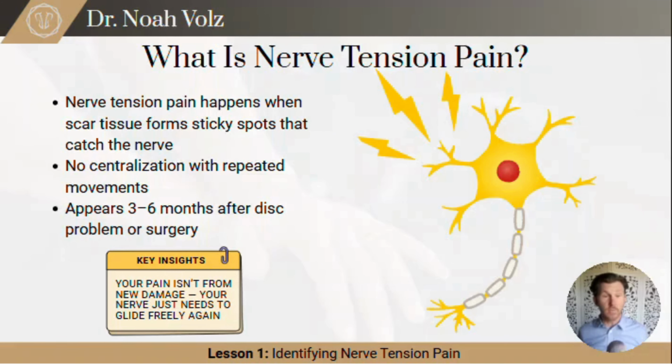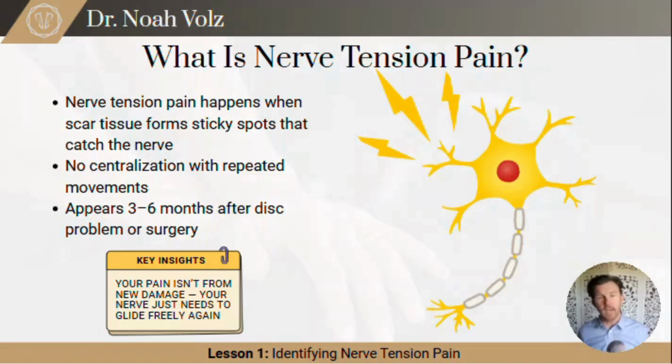So nerve tension pain happens when there is this scar tissue or sticky spots that catch the nerve and don't allow the nerve to glide the way that it is supposed to. There is no centralization with nerve tension pain. So if you've been doing some of the exercises or other recommendations and finding that things are not centralizing, then it's likely that you've got nerve tension pain as opposed to one of the other classifications.